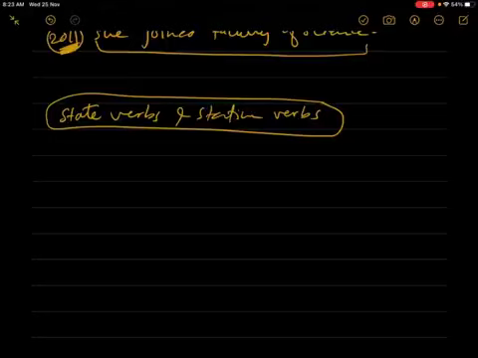Likewise, state verbs and stative verbs, we don't use the present perfect continuous format, even though we are in the present perfect continuous tense. So, in the present perfect continuous tense, state verbs and stative verbs do not take the present perfect continuous format. Instead, they take the present perfect format.